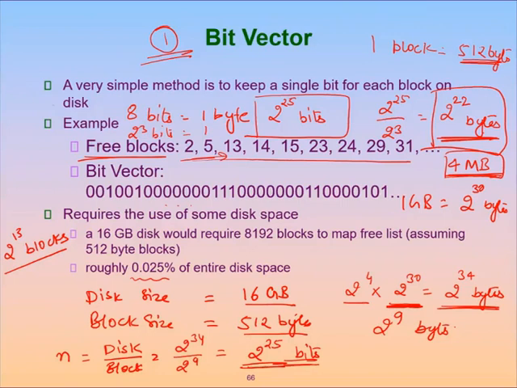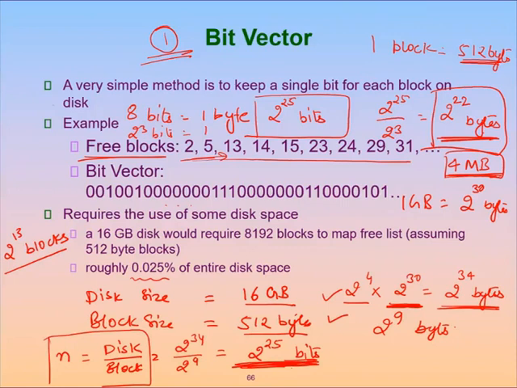We have 2 to the power 25 blocks, and you can easily calculate this using disk size divided by block size. So the size of our bit vector is 2 to the power 25 bits, required to store the entire information about free blocks.